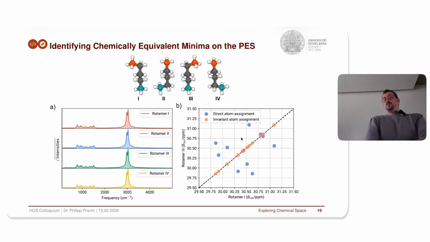They also give you the same NMR parameters if you calculate them. But you need to fix the assignment. So you get the same chemical shifts and shieldings depending on a hand assignment of the different hydrogen atoms.